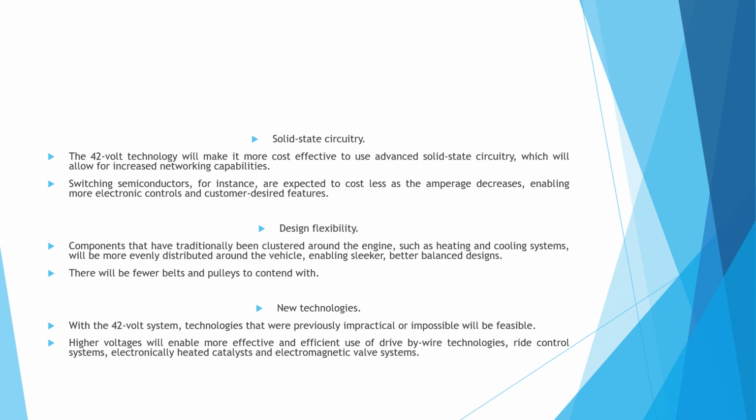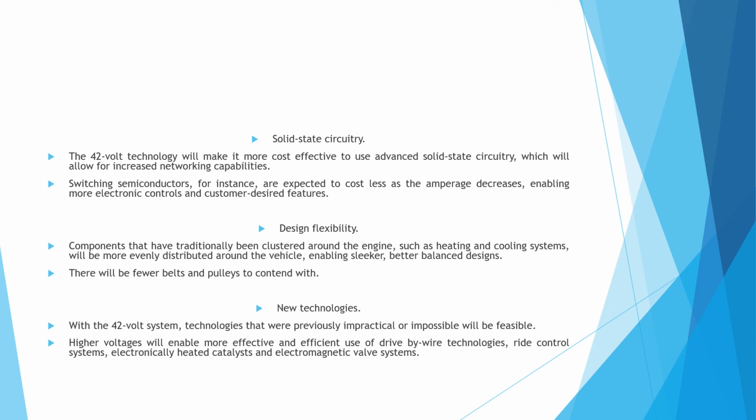The 42-volt technology will make it more cost effective to use advanced solid state circuitry, which will allow for increased networking capability. Switching semiconductors are expected to cost less as the amperage decreases, enabling more electronic control and the customer desired features.